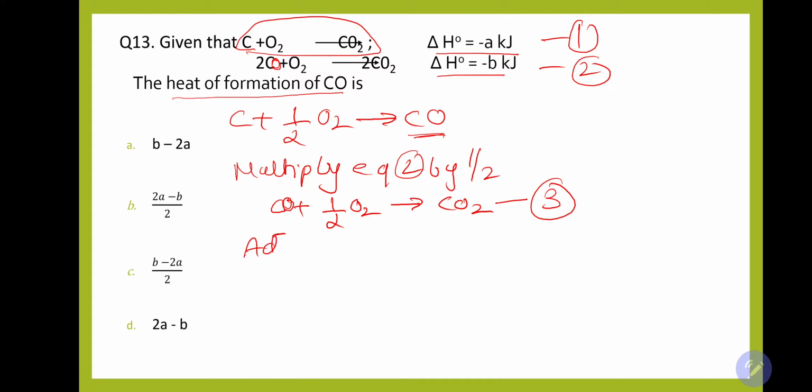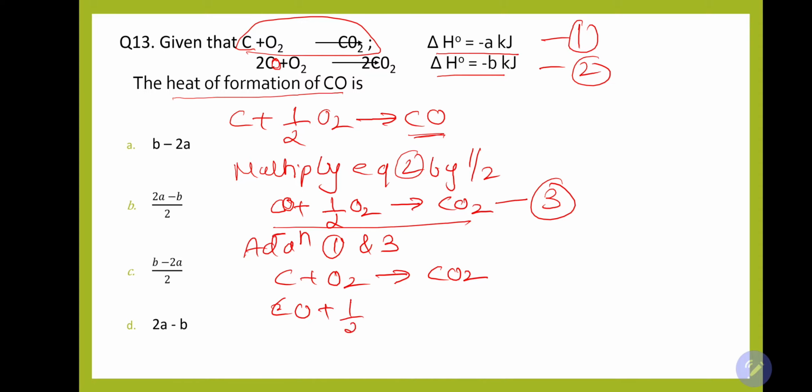By adding equation 1 and 3, so write the equation 1, C plus O2 gives me CO2, right? The next equation is CO plus half O2 gives me CO2, right? Okay, now subtract it.